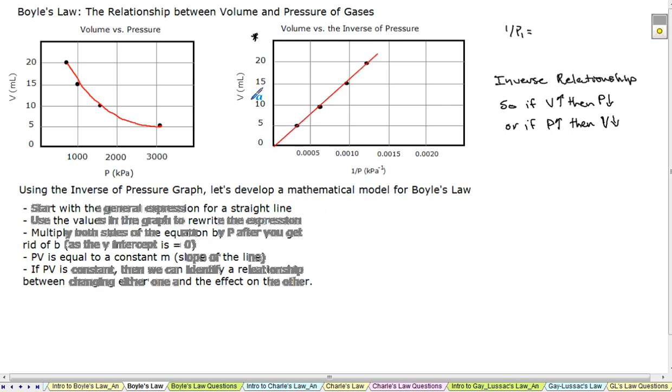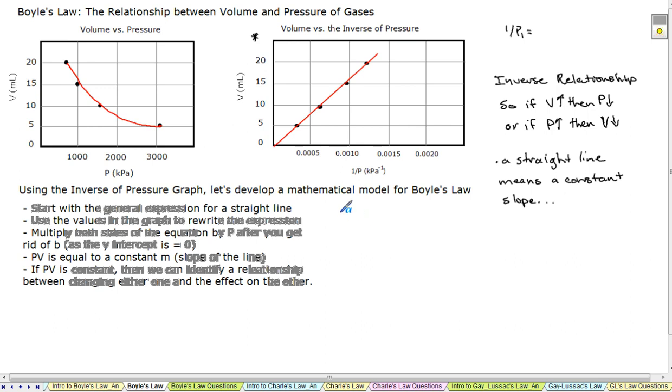So the ratio of volume to the inverse of our pressure is always going to be the same no matter where we go along this line, which is going to be really important. A straight line means a constant slope. That's going to be really important in a second.